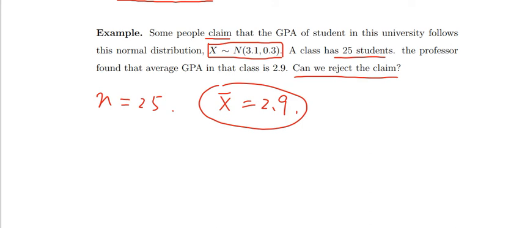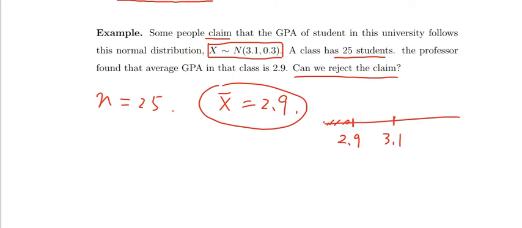That depends on probability, right? The average is supposedly 3.1, but we find in our class 2.9. The 2.9 is less than this, and it cannot be exactly equal, right?